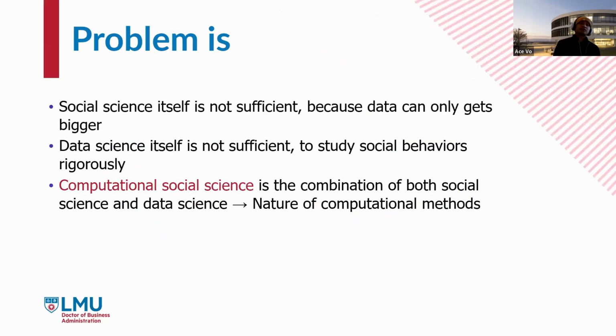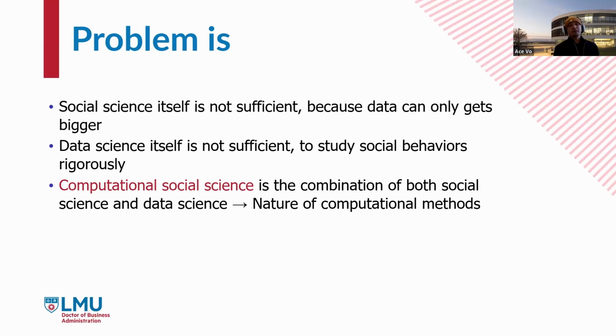The problem here is that social science itself is starting to become insufficient because data can only get bigger. Now, data science is not sufficient either because it has to be rigorously tested. If we just use any data at all without rigor, then it's really hard for people to take the computational methods seriously.